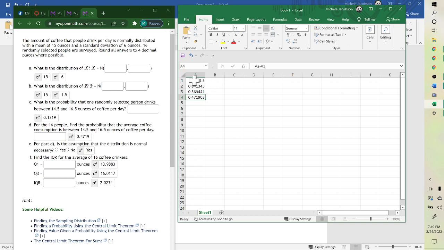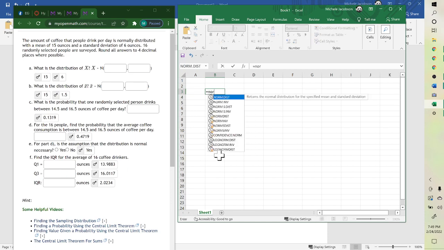Now these other ones, we use the normal distribution. Q1, 25% below. So put equals and start to type norm. But this time we're looking for the number because we know the percent's 25%. So we use this one, the inverse.